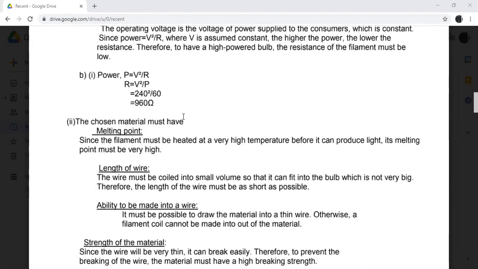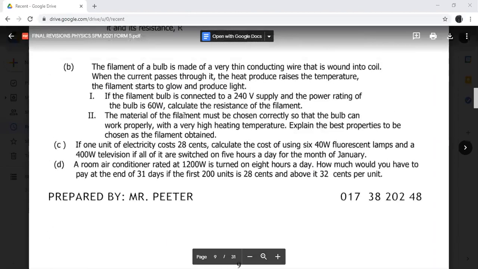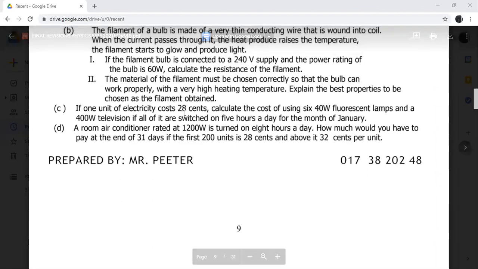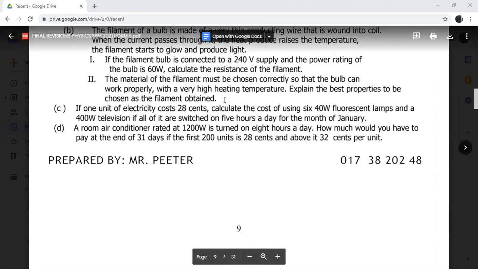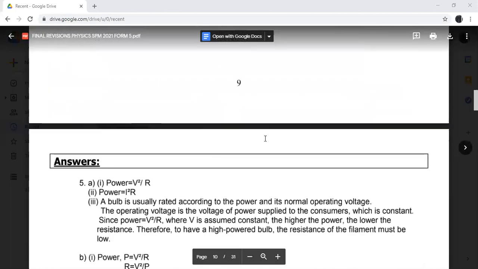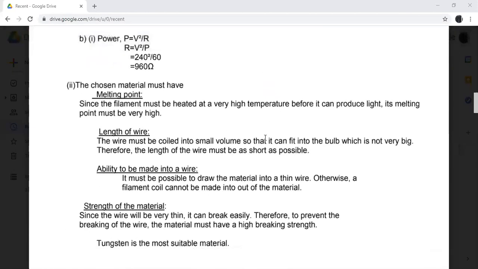The chosen material, number 2. The material of the filament must be chosen correctly. So the melting point must be very high, with longer length, and it must have the ability to be wound or coiled around. Strength also: it must be thin but cannot break, because it must have thinner wires so that it can have a higher resistance.